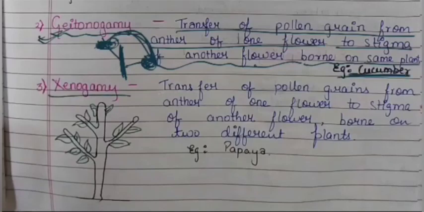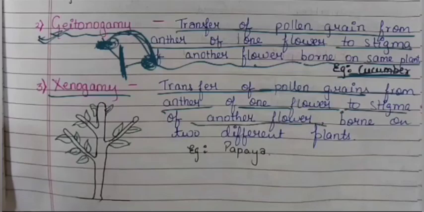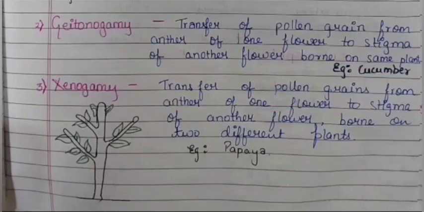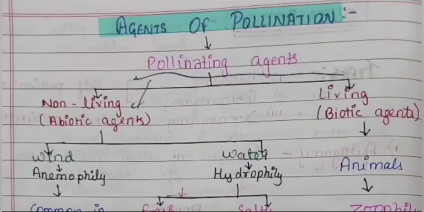Now coming to xenogamy, which is also known as cross-pollination, it is the transfer of pollen grain from the anther of one flower to the stigma of another flower borne on a different plant. Suppose two different plants are here and pollination takes place between the flowers of these plants, it is known as cross-pollination. Now, pollinating agents can be abiotic or biotic.